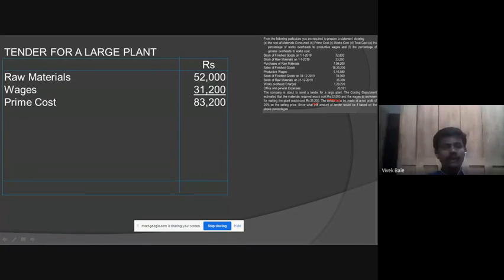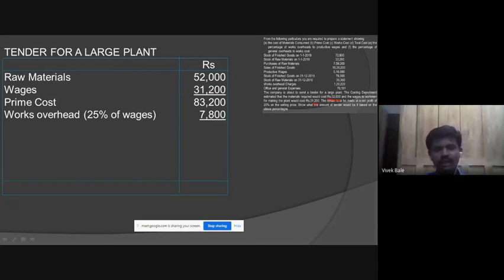To know the factory cost or works cost, we have to add the works overheads, which as we calculated is 25% of wages. The wages are 31,200, so 25% of 31,200 is 7,800. Clear?